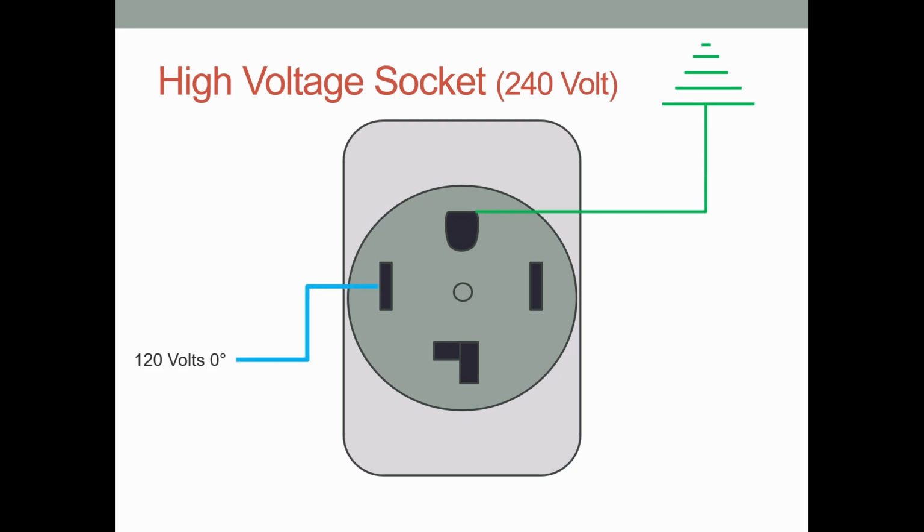The slot on the left connects to one of the two hot wires. In this example, the blue 0 degree wire is connected to this terminal. The right slot is connected to the 180 degree red wire, completing the 240 volts necessary to power this particular device.